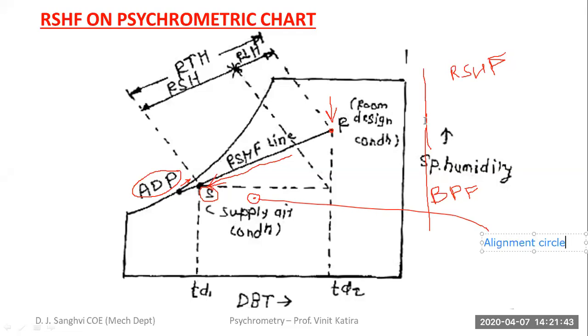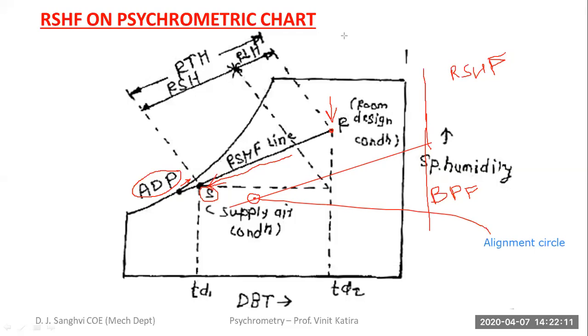So how do you plot a 0.9 RSHF line? Okay, first you will have to select the scale that is given on the right hand side. On the right hand side over here, you will find the 0.9 marking. So from that marking, you'll have to draw a straight line passing through the alignment circle.